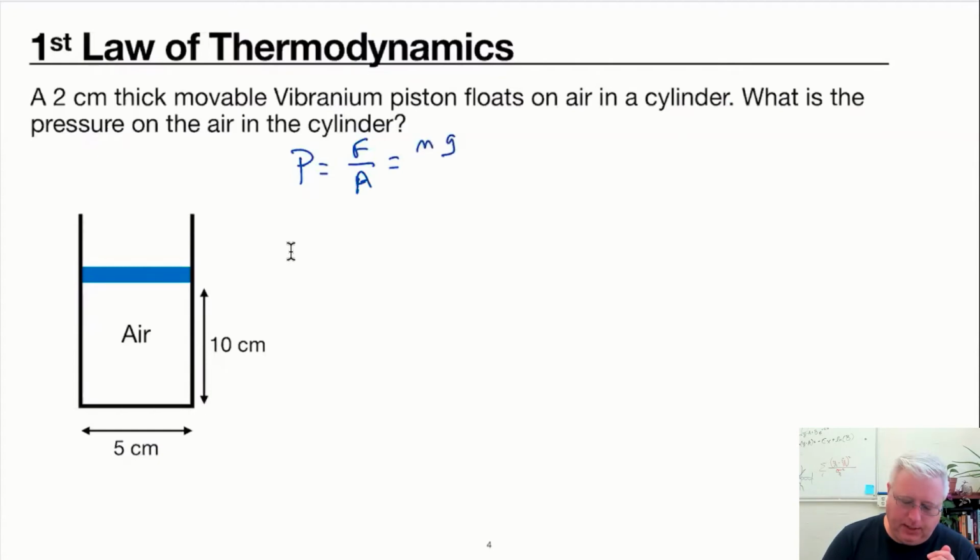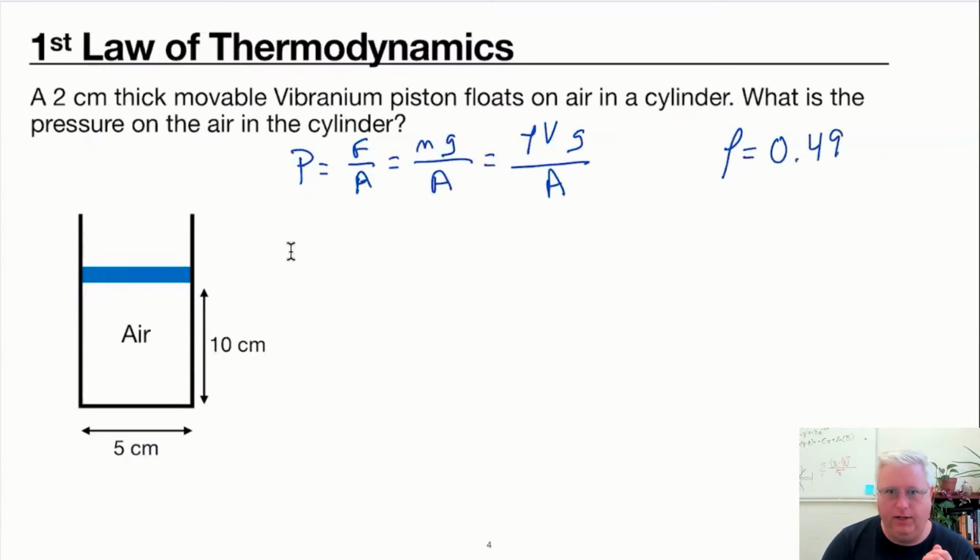Otherwise we could have said mass times gravity per area. But we can find mass. Mass is related to density and volume, so it's density times volume times gravity over area. If you look up the density of vibranium, which I did, it is 0.497 grams per cubic centimeter. I don't know who determined that, but that's what I found online, so that's what we'll use.